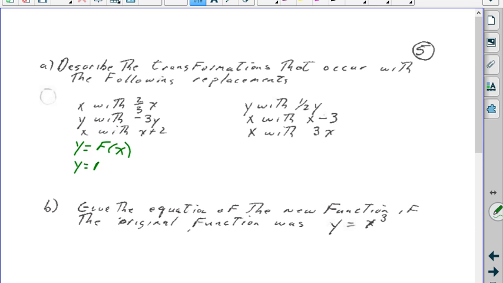It's going to become y is equal to f of 2/3 x. Then it's going to become -3y is equal to f of 2/3 x. And then I'm going to take the x in this statement and replace it with x plus 2.